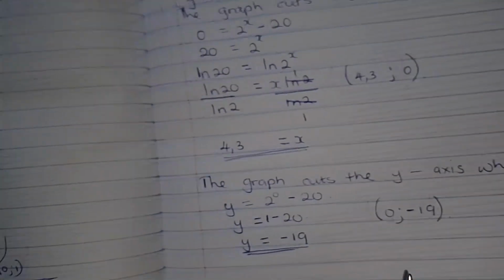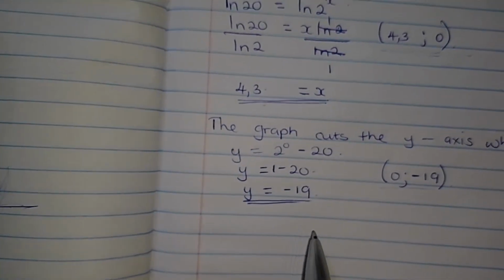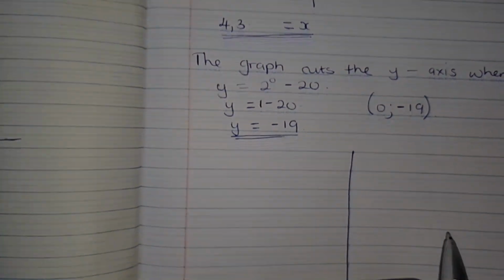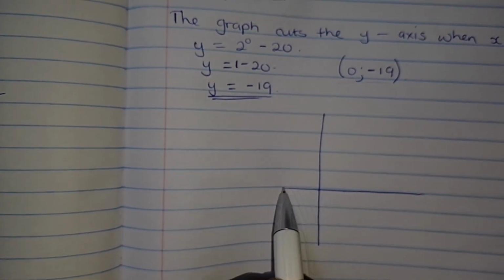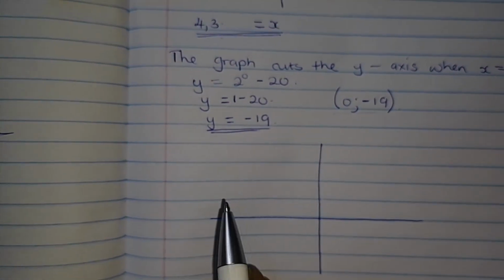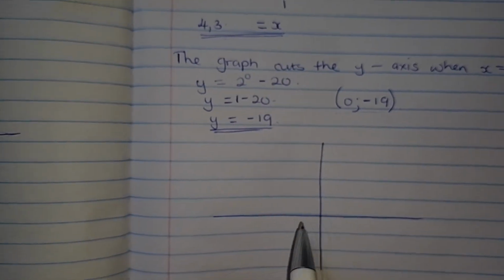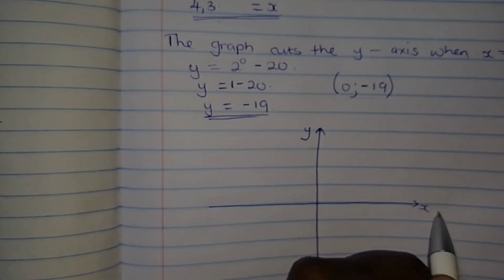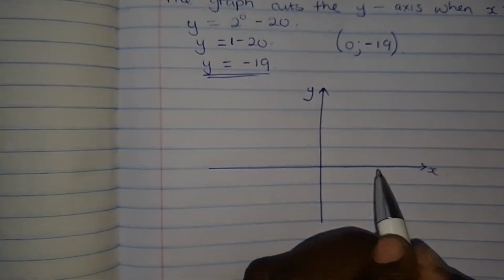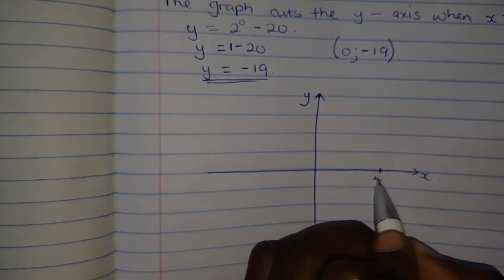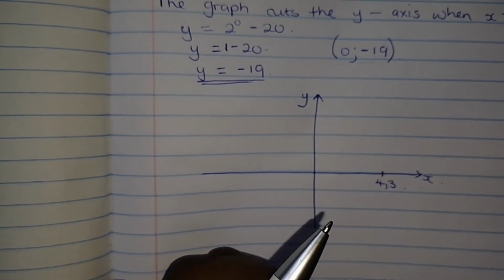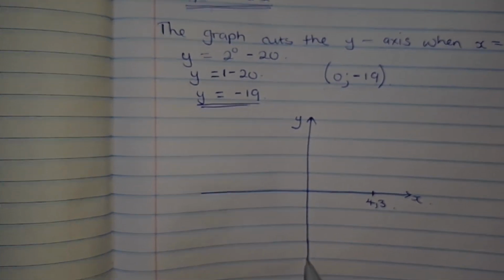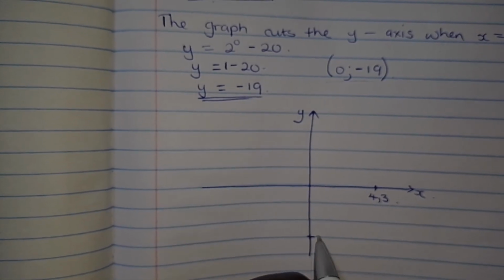So our graph will be like this. This is the y-axis and this is the x-axis. At (4.3, 0) and (0, negative 19), let's say our negative 19 is there.